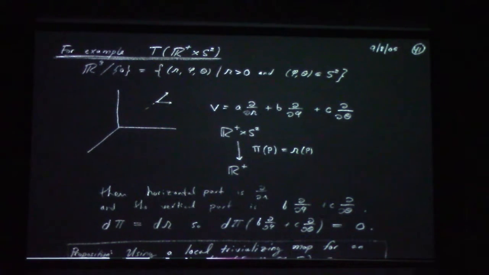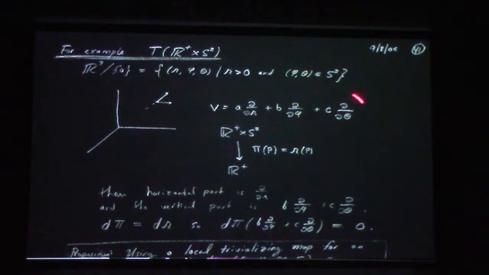So this is a fiber bundle with fiber S2. It's a trivial bundle with fiber S2, where the projection map just gives us the radius part of P. The horizontal, so in this vector, let's see here, what's dP do?